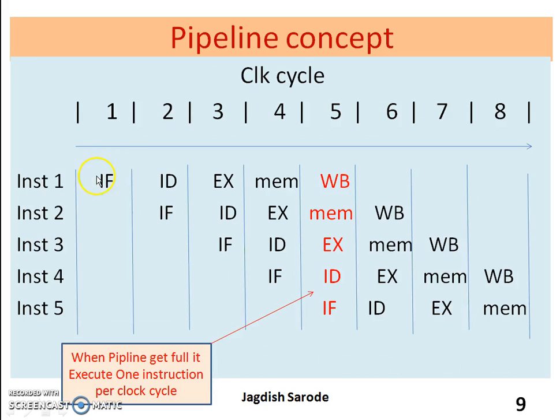So here we can see that if the first instruction is fetched, then in the second stage it gets decoded while the second instruction is in the fetch phase. Likewise, in the third clock cycle, the first instruction is executed, the second instruction is decoded, and the third instruction is in the fetch phase. If we go further, in the fifth cycle we can achieve all 5 stages of the instruction, and we can say that one instruction is executed in one machine cycle. So when the pipeline gets filled, it executes one instruction per clock cycle.